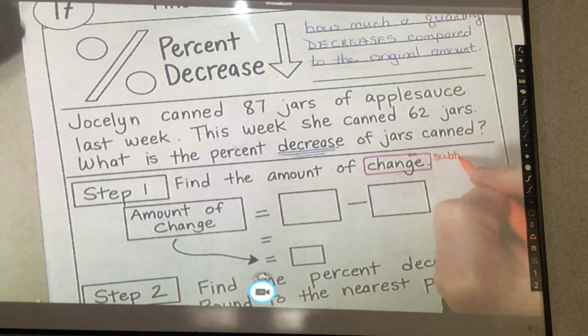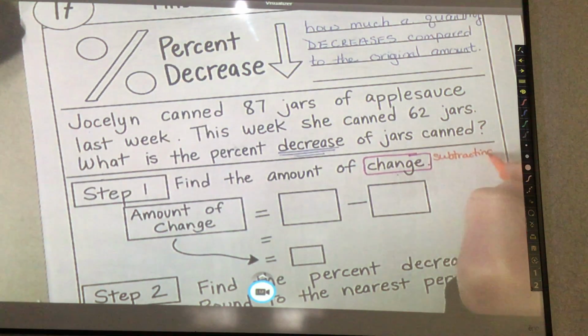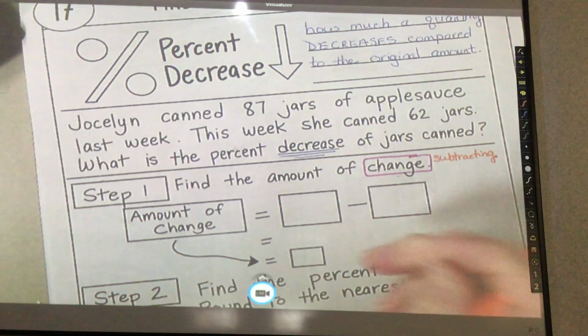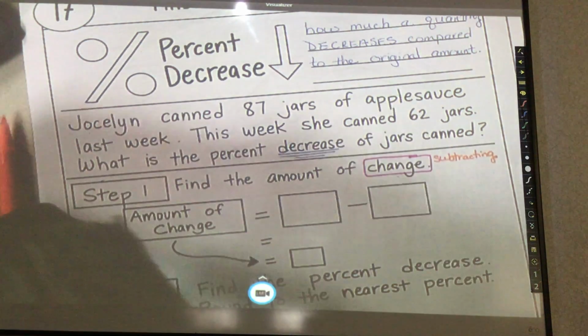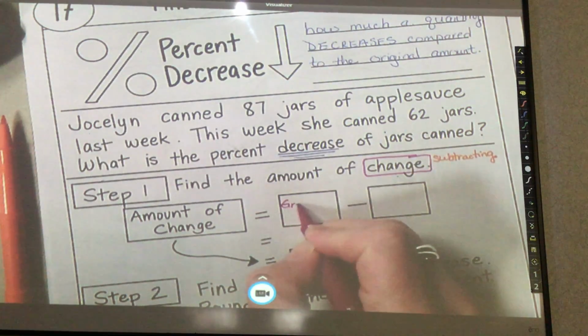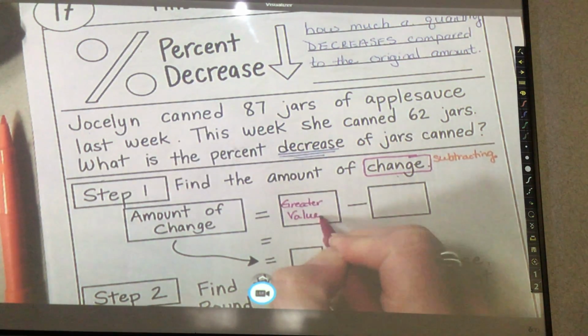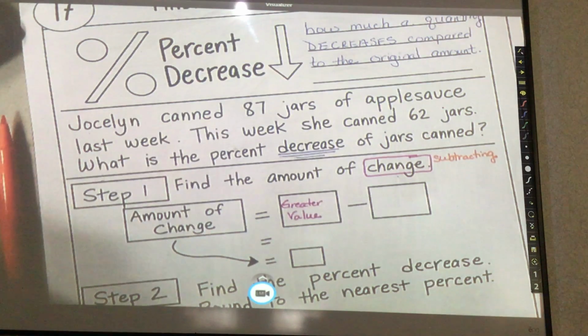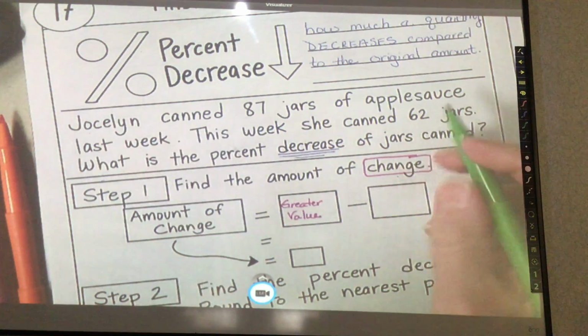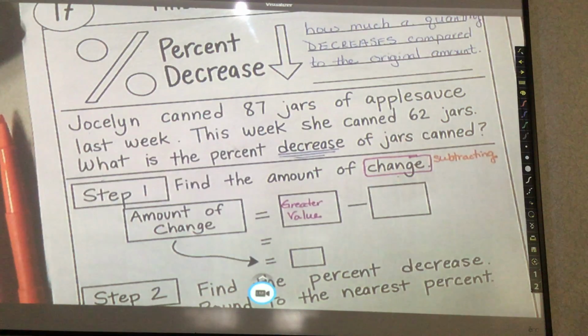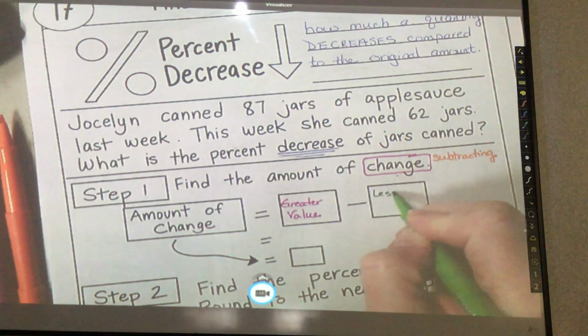Subtracting. So the amount of change is the greater value minus, what do you guys think? What's the other one going to say? Lesser, yeah.